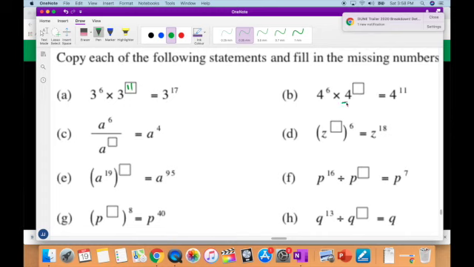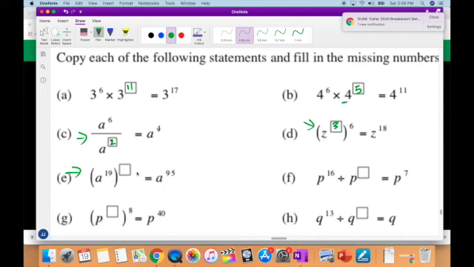Where's this one here? 5. Alright, let me go. Come on. 2. 2, because 6 is a divide. So 6 minus 2 will give me 4. This one. 3. 3. 6 3s are 18.